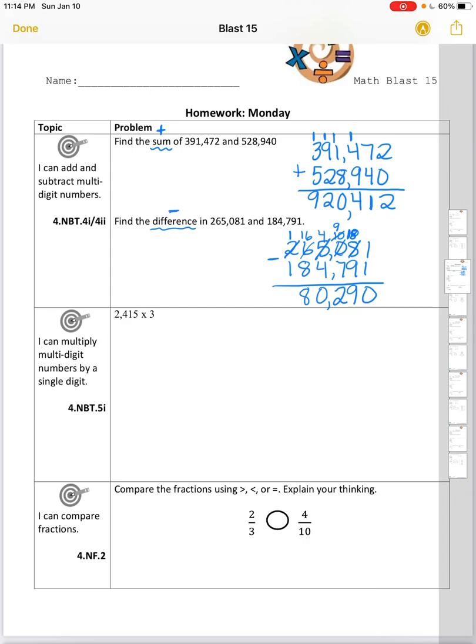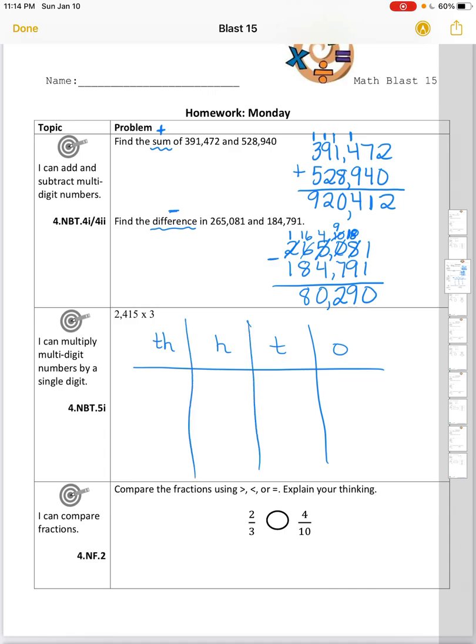I can multiply multi-digit numbers by a single digit. 2,415 times 3. I'm going to use a place value chart to model this. We have our thousands, our hundreds, our tens, and our ones here. I want to start out with 2 in the thousands, 4 in the hundreds, 1 in the tens, and 5 in the ones.